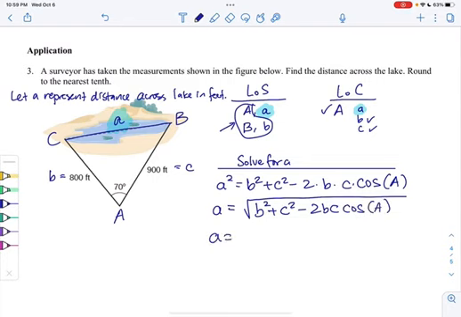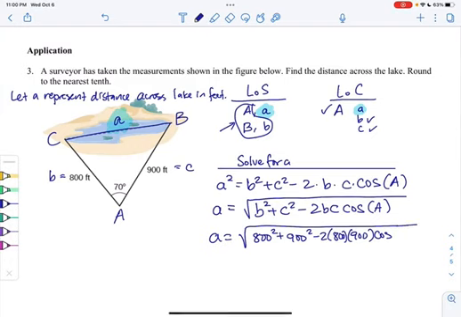Let's plug that in and then we'll pull in our calculator. So B we said is 800, C is 900, and then these values just show up one more time, 800, 900, and then cosine of 70 degrees. Boom. So we really just have to put that kind of big old mess in our calculator.